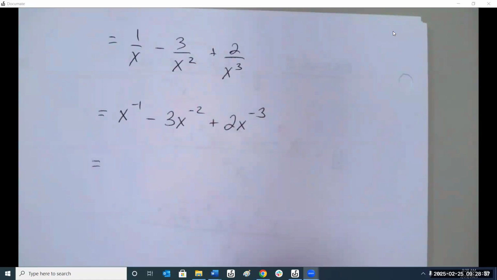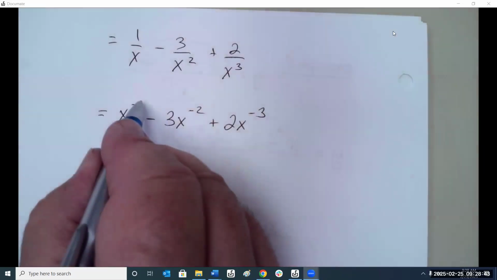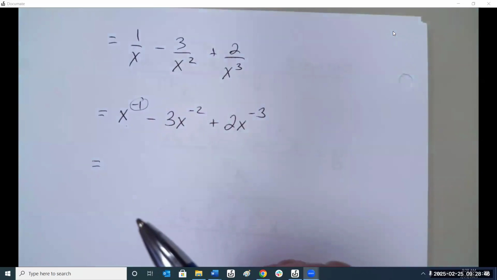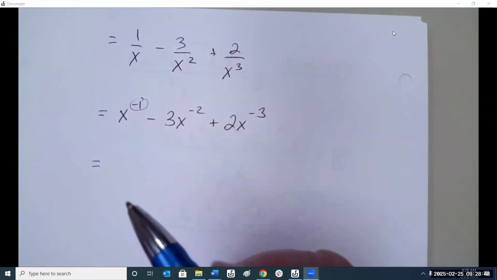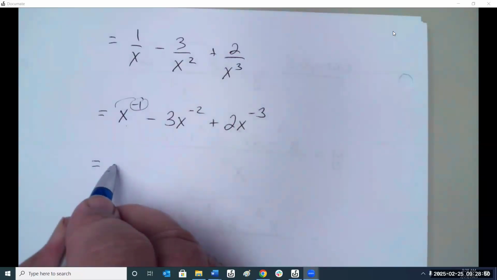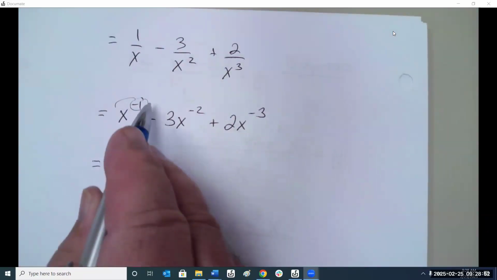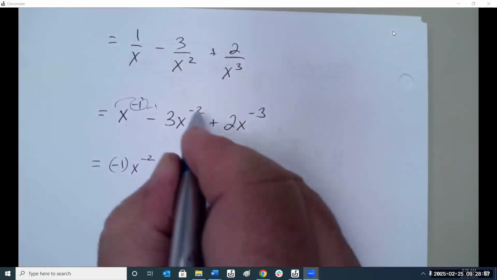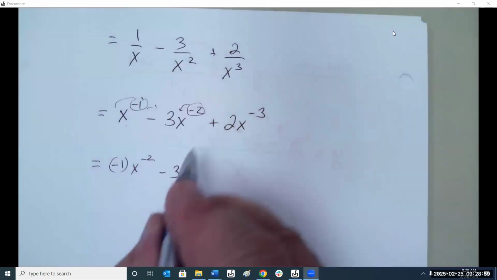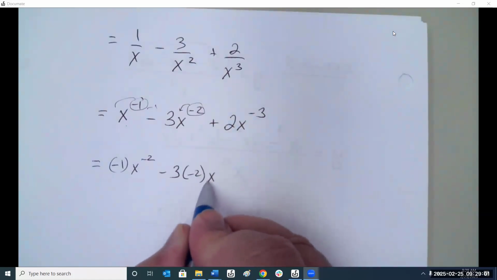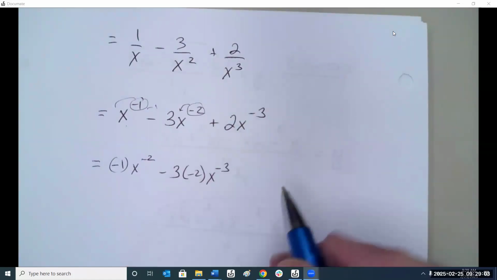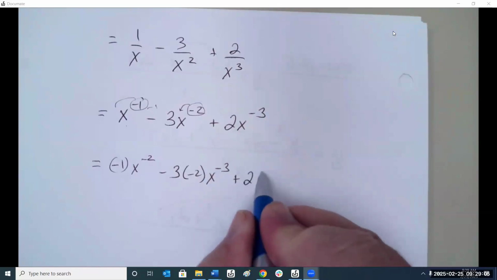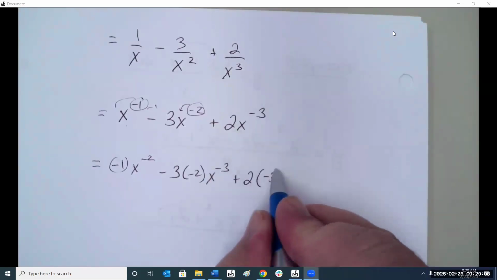What's the first one going to give me? Take a derivative of the first one. Do what with the exponent? Bring it out in front. And then subtract 1. So we have -2. Take the power, bring it down in front. And subtract 1, we have -3. Bring the power down.